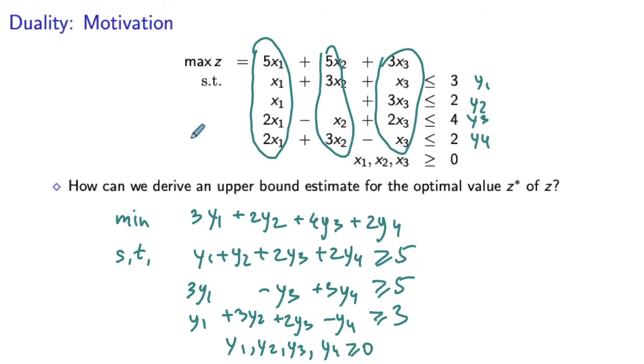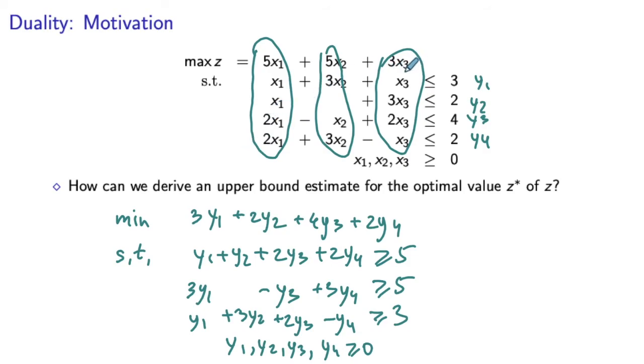Alright, so if you look at these two problems, the number of variables in the dual problem is equal to the number of constraints in the primal problem, and the other way around, the number of constraints in the dual problem is equal to the number of variables in the primal problem, because we had a constraint for every column here, right?